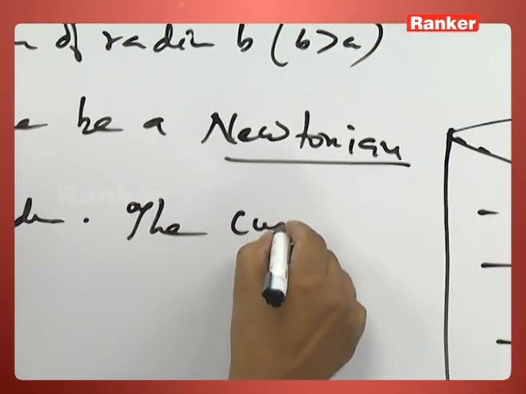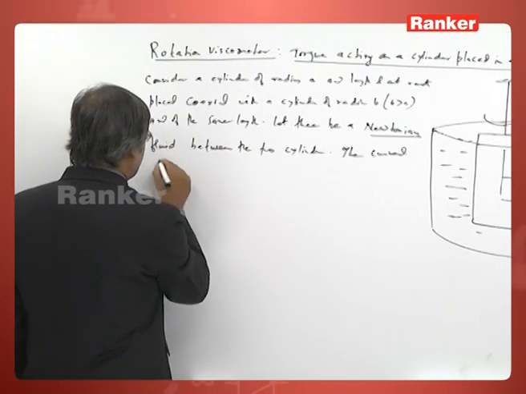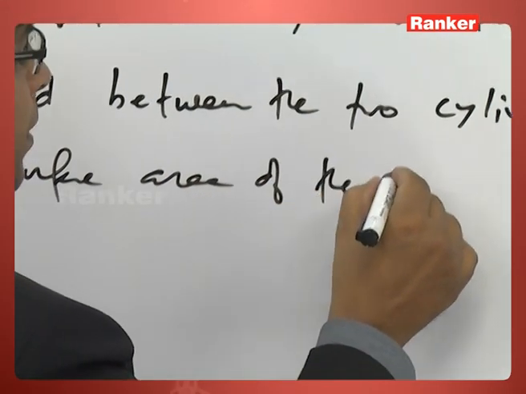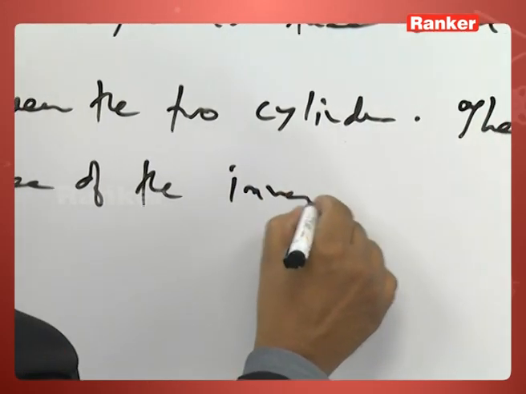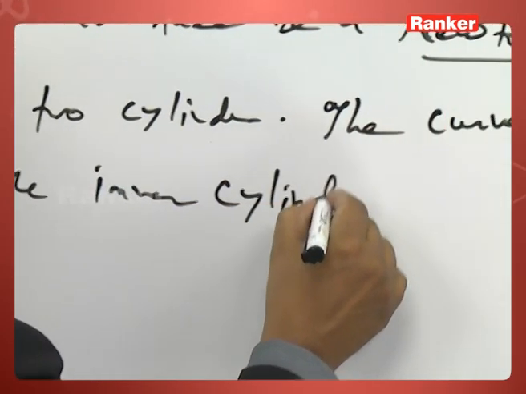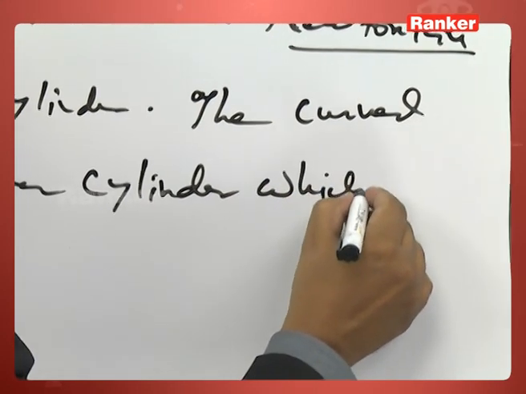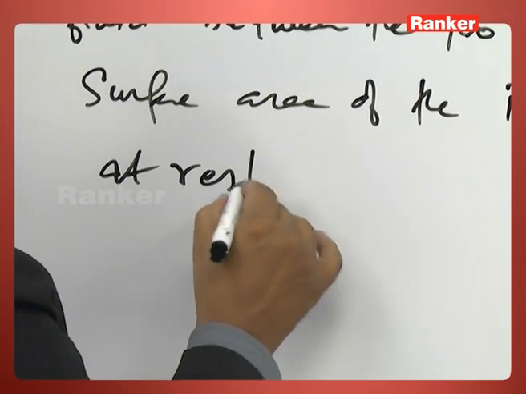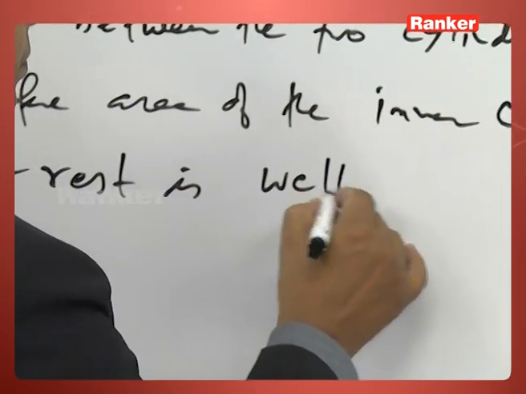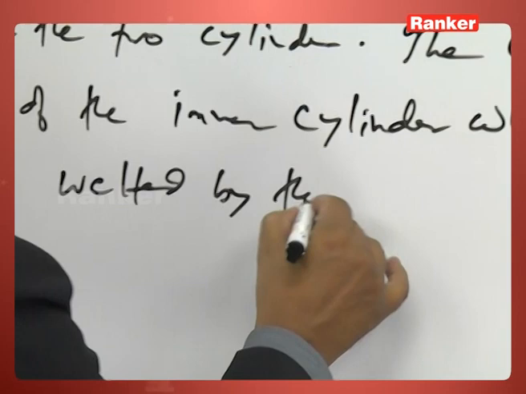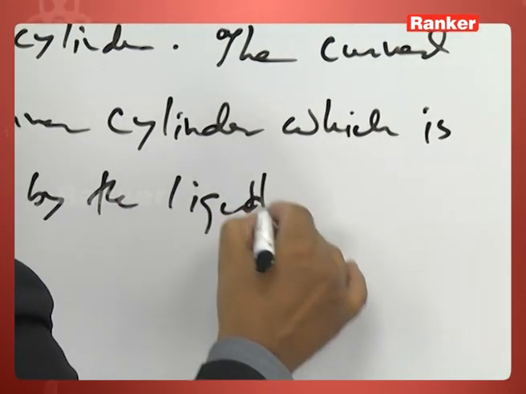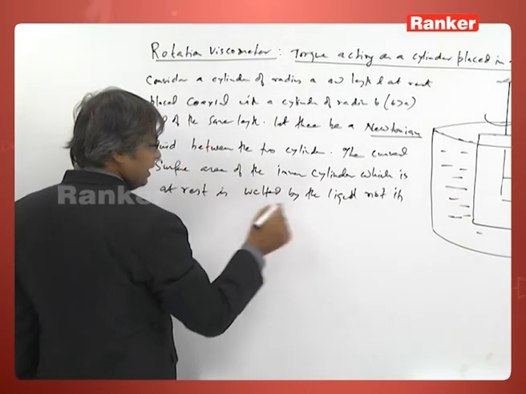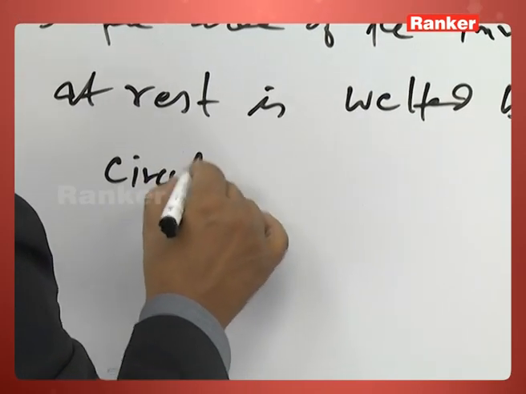Important point: the curved surface area of the inner cylinder, which is at rest, is wetted by the liquid, not its circular area.